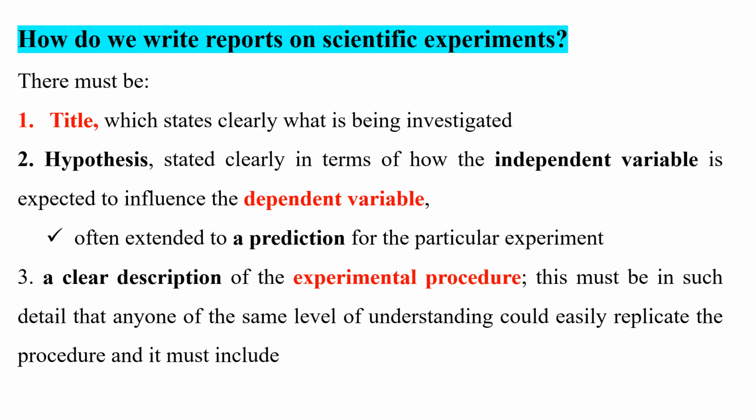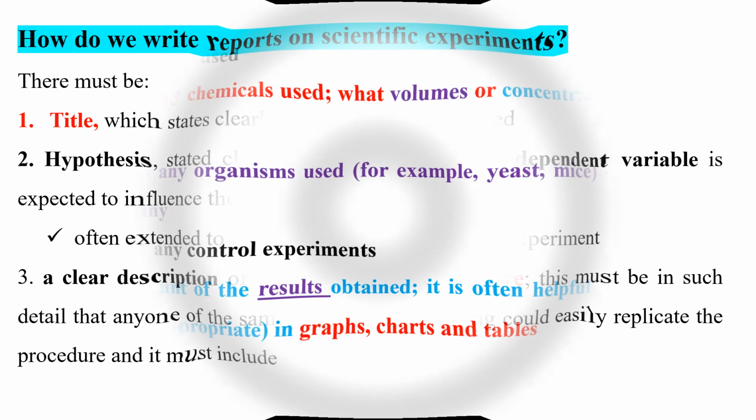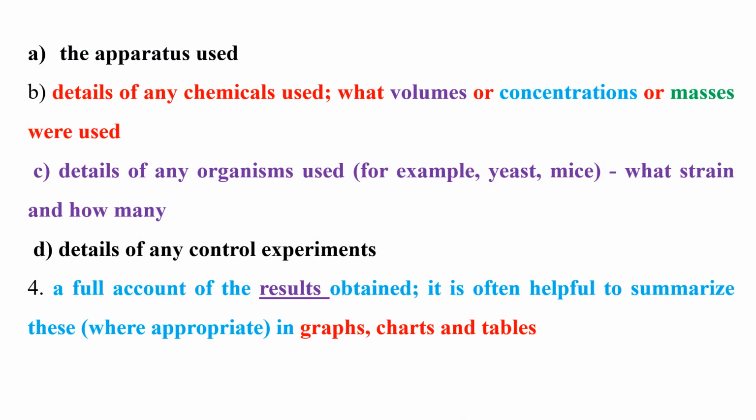We must talk about our materials in such detail that anyone of some level of understanding could easily replicate the procedure. You must include the apparatus or instruments you want to use, from pens and pencils to different materials.